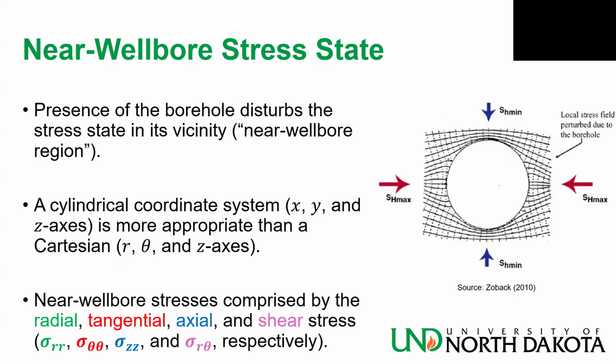You now have a new set of stresses in cylindrical coordinates: the radial stress, the tangential stress, also known as the hoop stress, sigma theta theta, the axial stress, sigma ZZ, and the shear stress, sigma R theta.